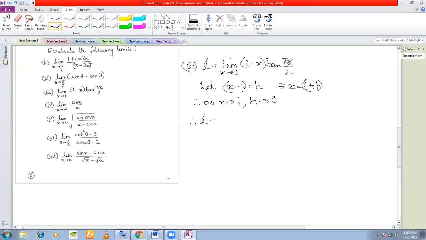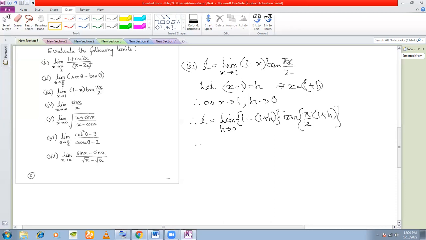So therefore, what is L? L is limit h tends to 0. 1 minus x is minus h, right? And you get tan of pi by 2 times 1 plus h, right?